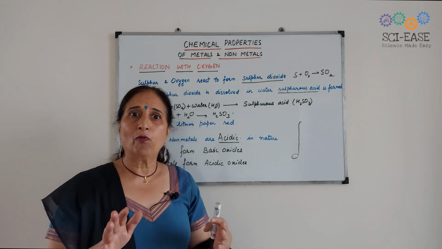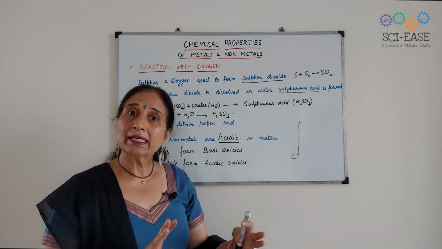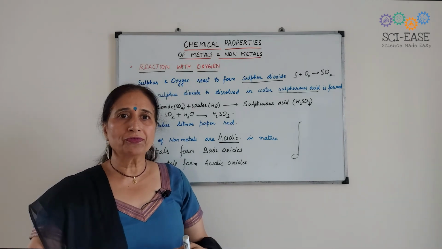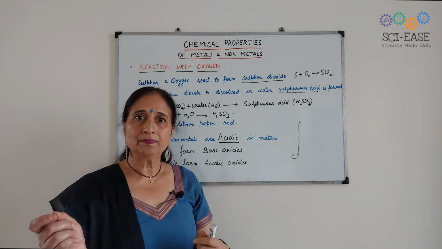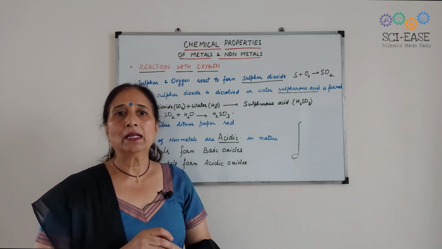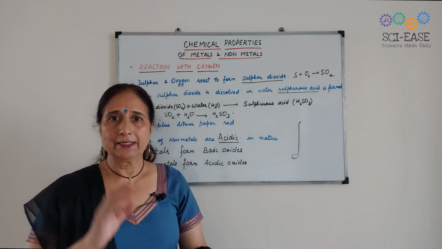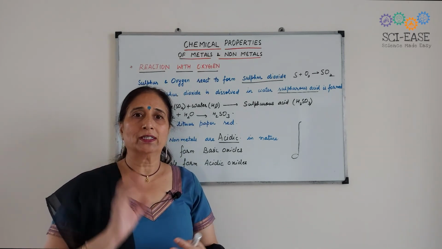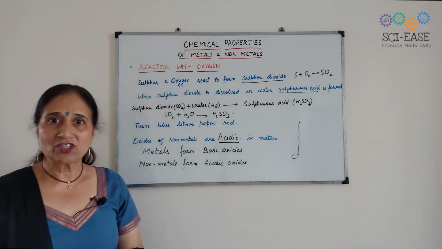After some time, you will observe that the gas jar is filled with gas. Now remove the deflagrating spoon and cover the gas jar with the lid. Now put some water into it and shake the gas jar well.